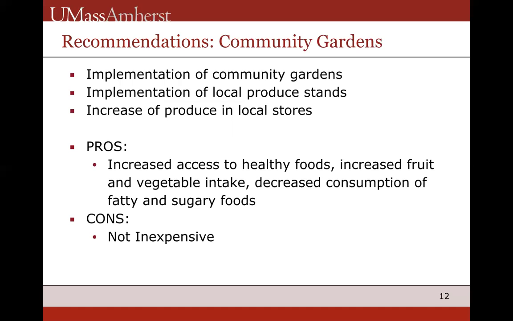One of the pros is that it would obviously increase the access to healthy foods and decrease the consumption of fatty and sugary foods, just because in the US, fatty and sugary foods are much cheaper than fruits and vegetables. One of the cons is that this isn't something that's easy to put together.